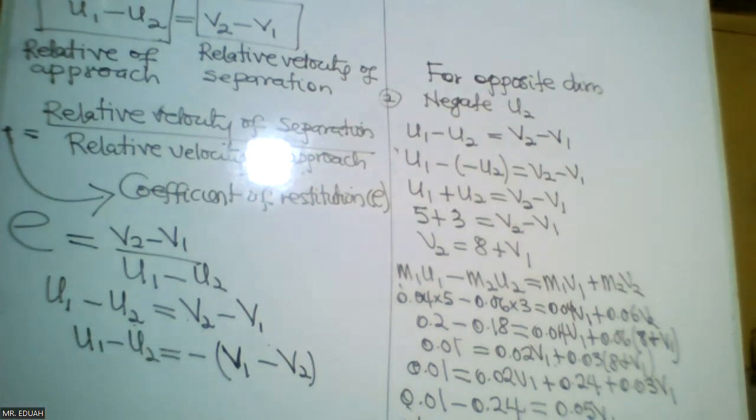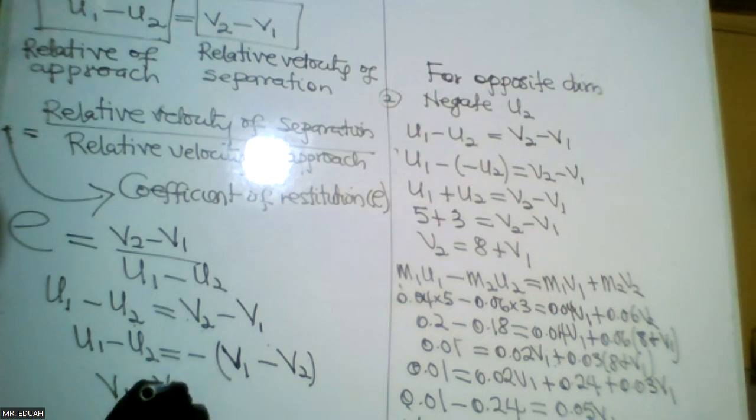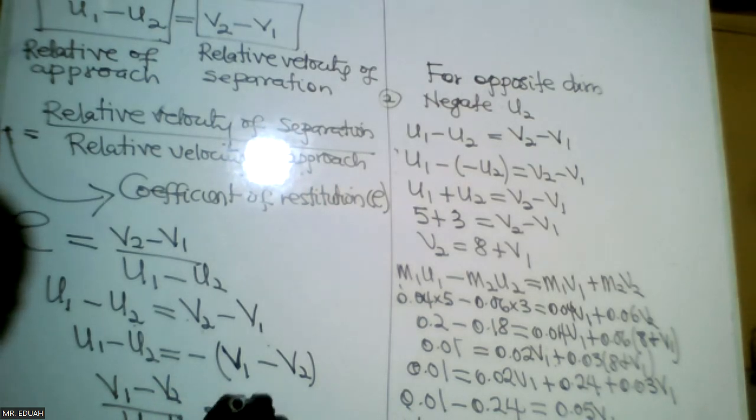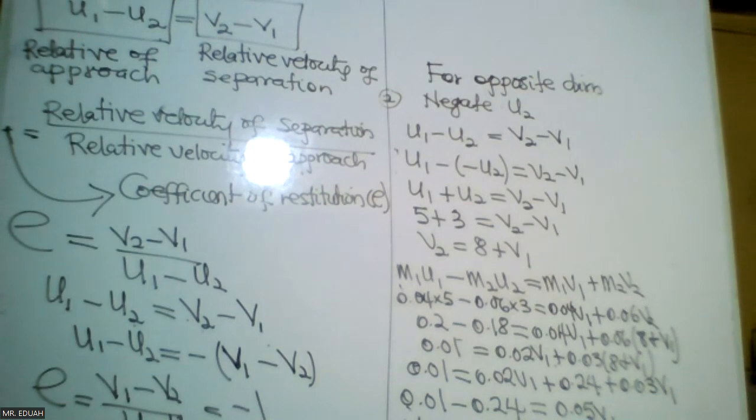So that when you divide V1 minus V2 on U1 minus U2, you have a negative E. And this ratio is what we call E. So it is either you want it this way.